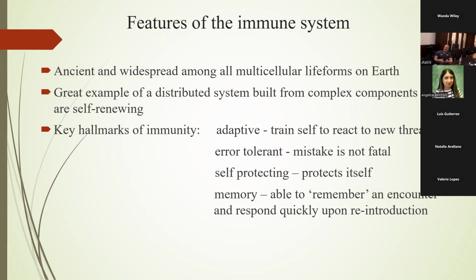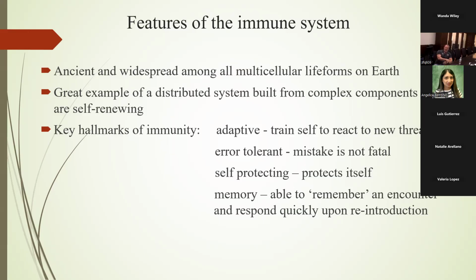The immune system is a complex system that's very distributed throughout the body and that's self-renewing. So this would be very much analogous to you having a car that you never have to fix, because if the car starts to break down, it can automatically repair the brakes. It can automatically repair the gasket in your engine. So our immune systems are able to basically renew and repair themselves all the time.